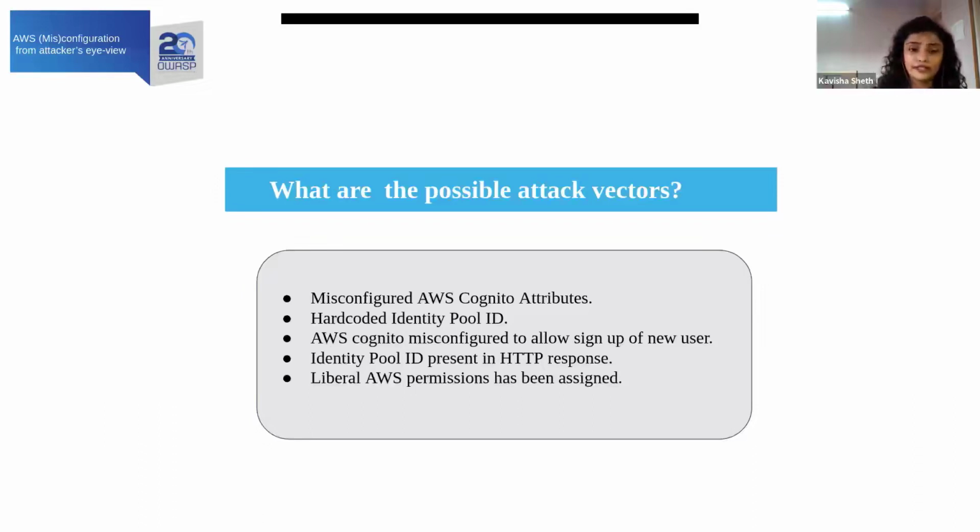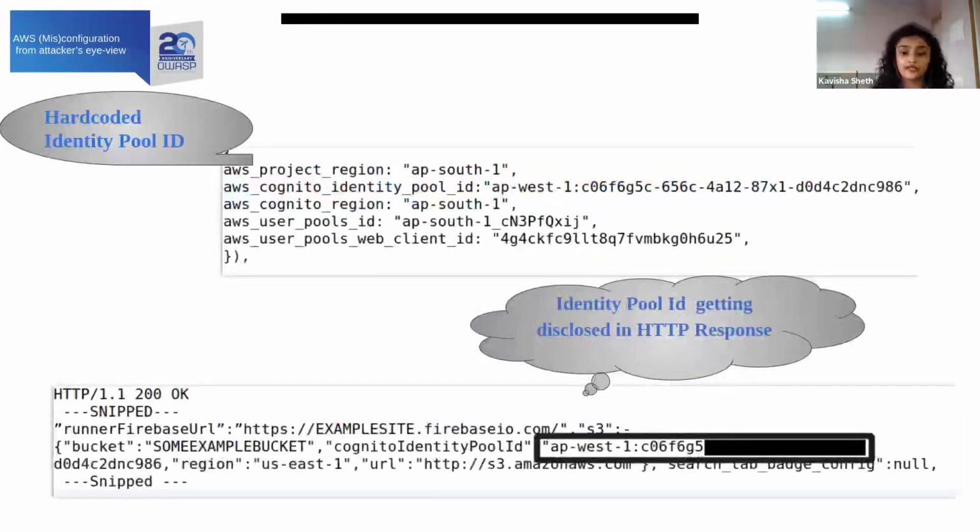Now, I discussed that a hard-coded pool ID may be stored, or the identity pool ID may be disclosed in the HTTP response. This is one example, where you get a hard-coded pool ID and the pool ID in the HTTP response.